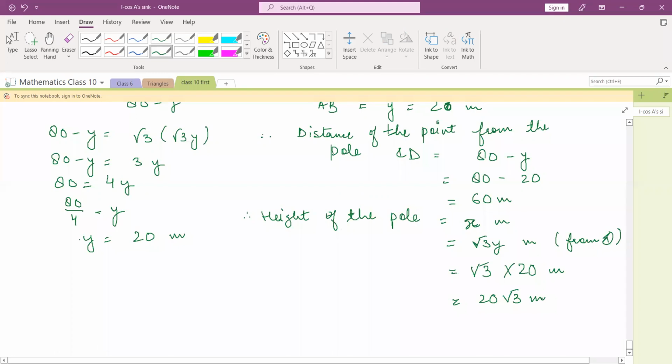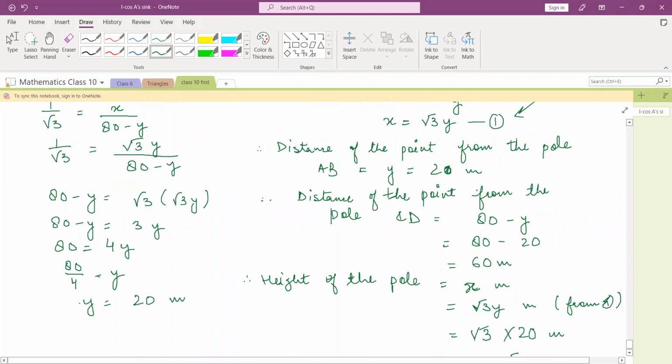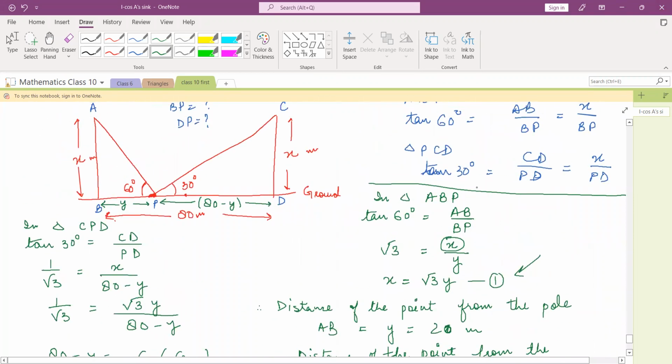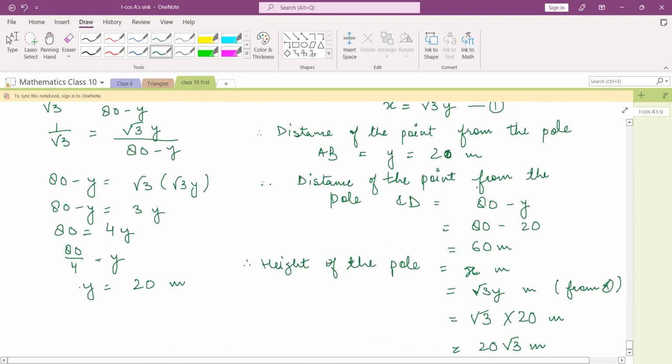Yeah, please check the answer in your book. I think it should be correct. Height is correct. Yeah, if height is correct, the distance is also correct then. So if you want me to scroll, just let me know. I'll scroll it. Scroll down. Yeah, okay.